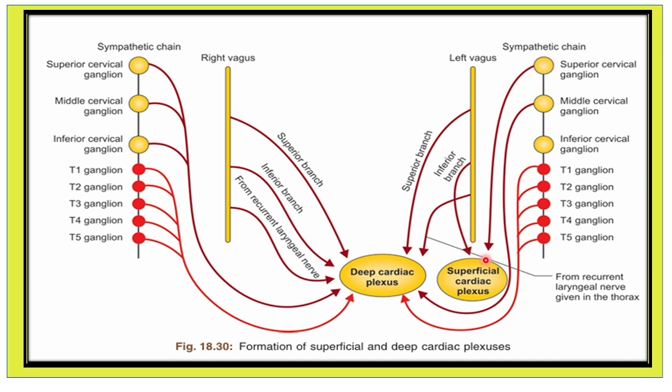All the other cervical ganglia in the middle and inferior regions, and the thoracic ganglia T1 to T5 of both right and left sides, as well as all branches of the right vagus and left vagus nerve, form the deep cardiac plexus.